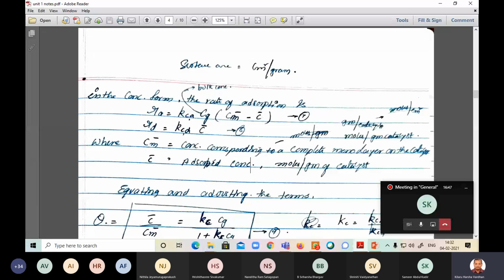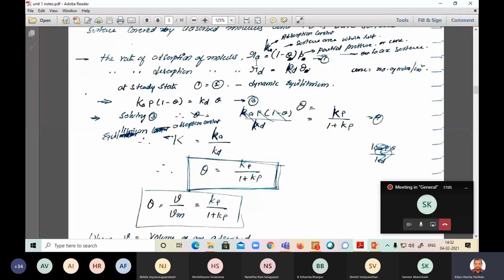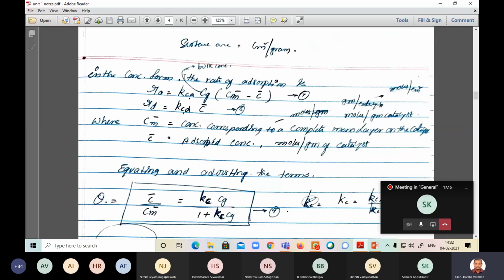So Cm bar minus C bar, this is the concentration difference. This is the concentration of the gas which is there, multiplied by some coefficient, which will give you the rate of adsorption. Just like how you are writing here, Ka is some coefficient into how much is the surface which is present into the pressure with which it is going. The same way you are writing here.